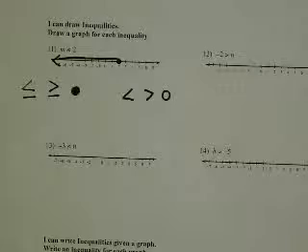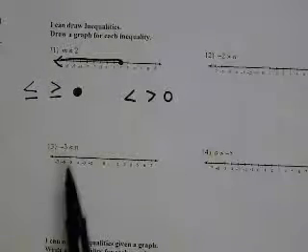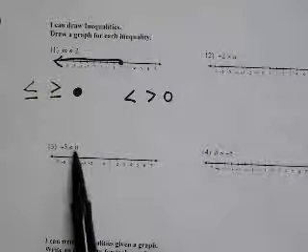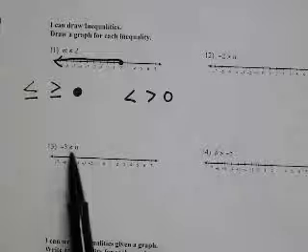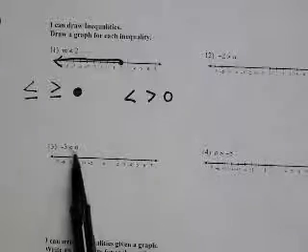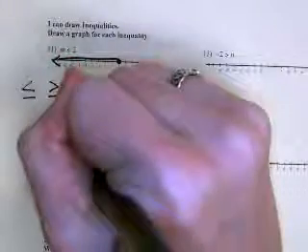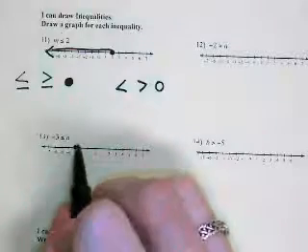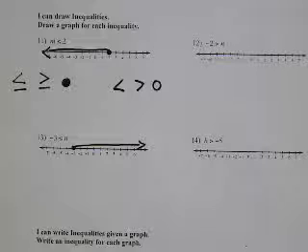On number 13, however, the N has a big side by it. So since the big side is by the N, we would draw the arrow towards the big numbers. So you want to see if the letter is by the small side of the inequality or the big side of the inequality.